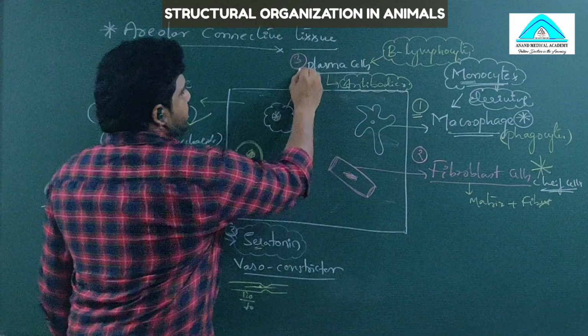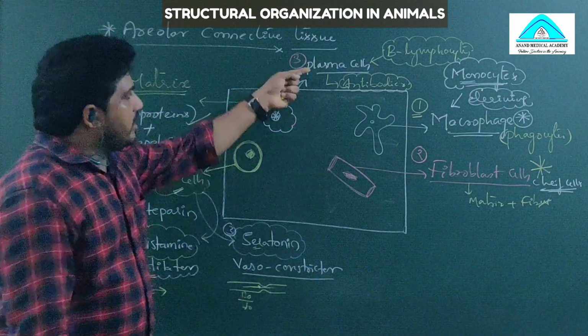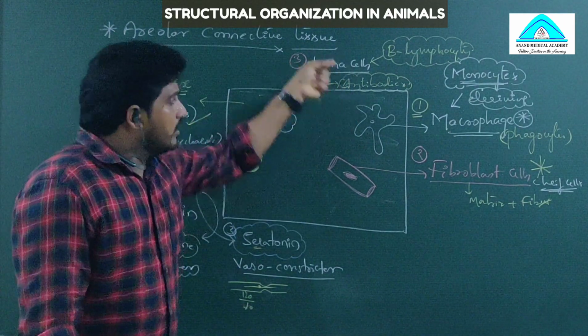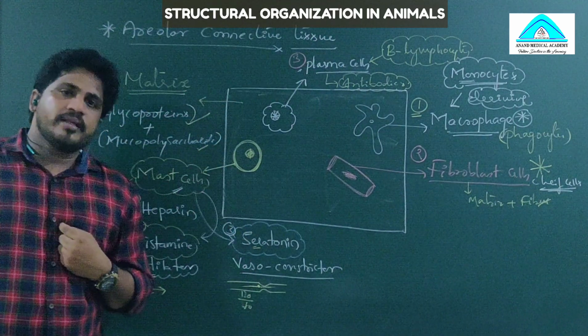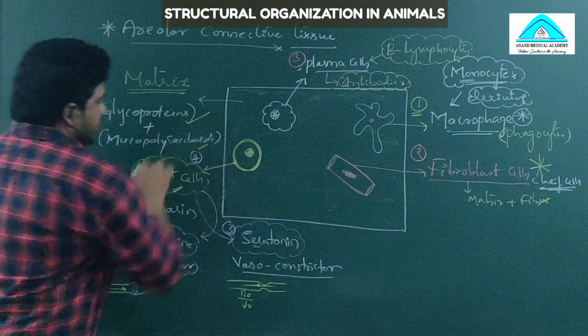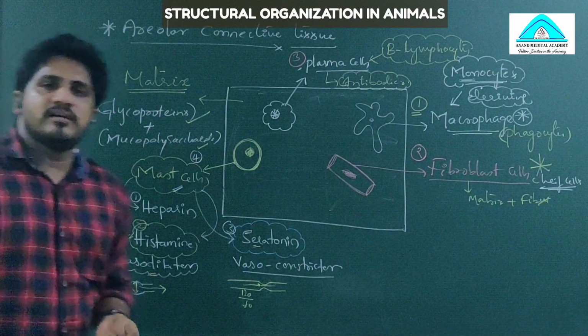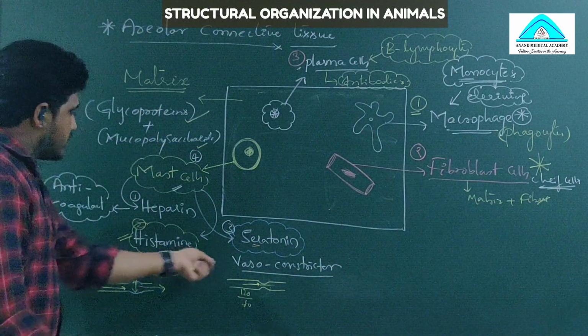Fine. The third type of cells are plasma cells. They are derived from B lymphocytes and they are used to produce antibodies. These antibodies protect us from pathogens. Now, the fourth type of cell is the mast cell. The mast cell secretes heparin, histamine and serotonin.